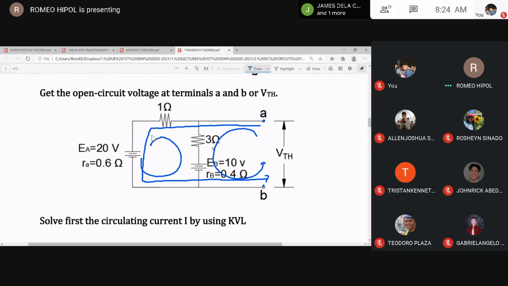Siyempre, kung saan tatamaan yung unknown terminal natin o yung hinahanap. Kasi pwede tayo mag-KVL dito. Pero hindi natin makukuha yung VTH. Pero it's important to consider this closed loop first.